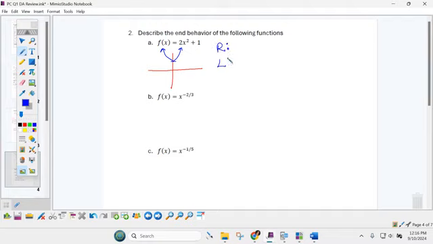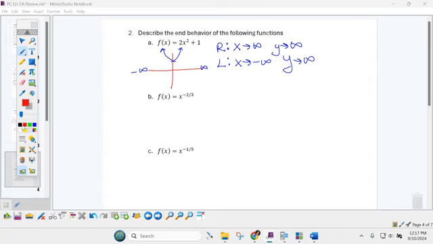So end behavior, we've got right and left. As x goes to infinity to the right, y goes up to infinity. For left end behavior, that's out here. X goes to negative infinity out to the left. Y goes to positive infinity as well.